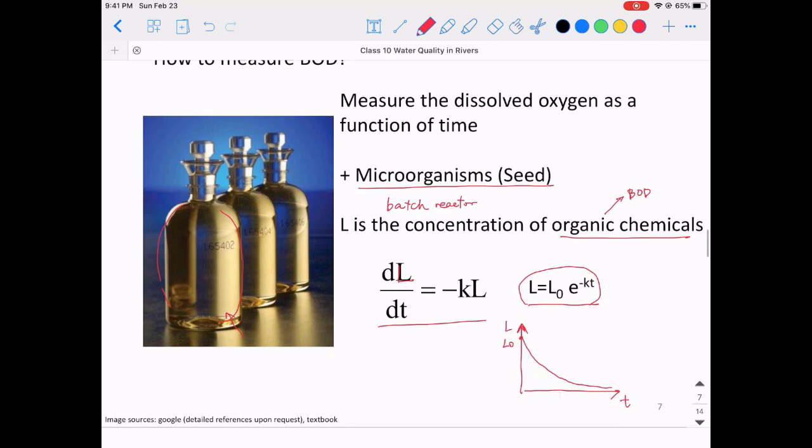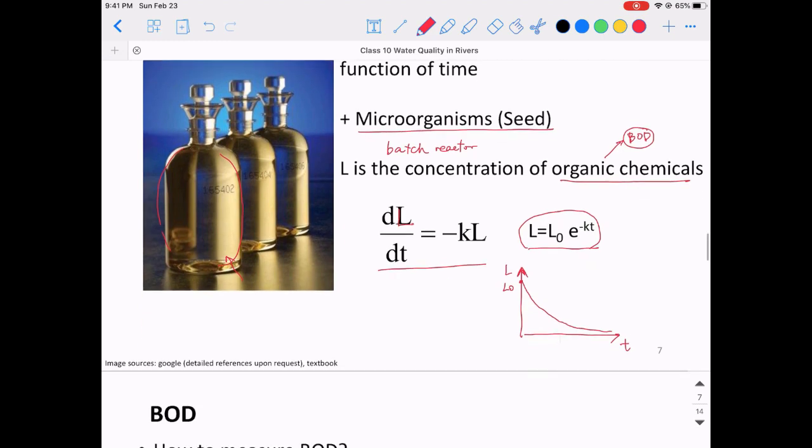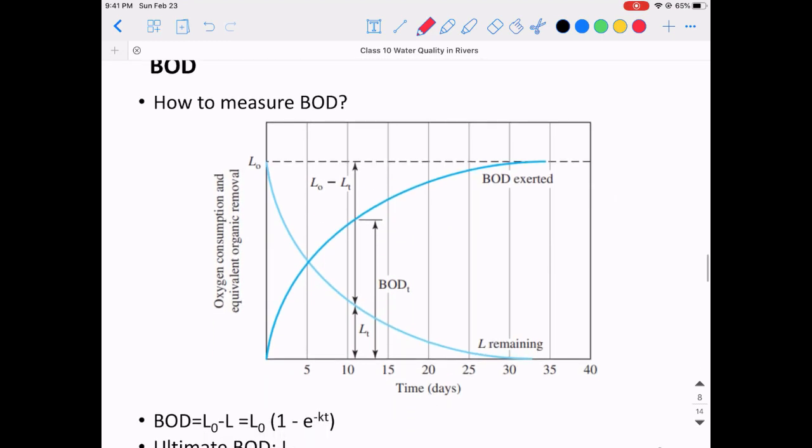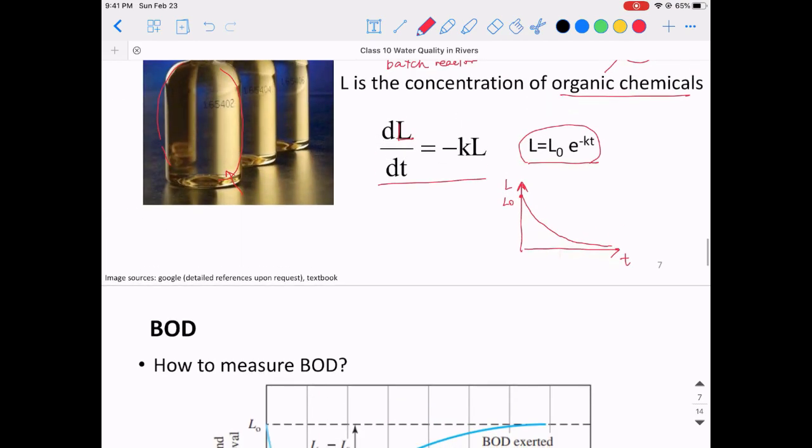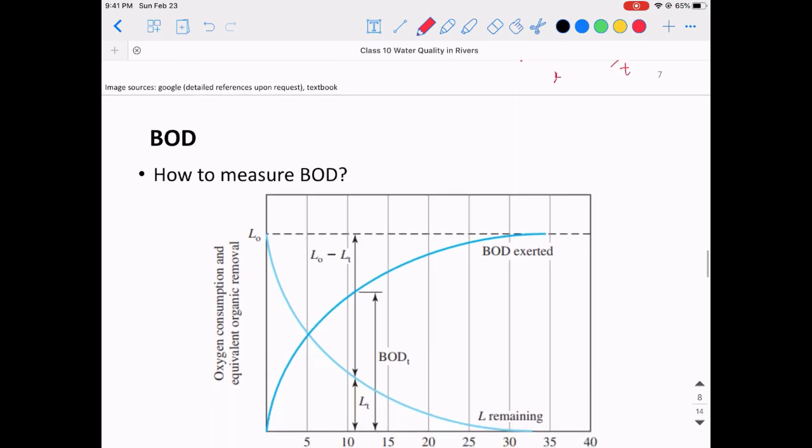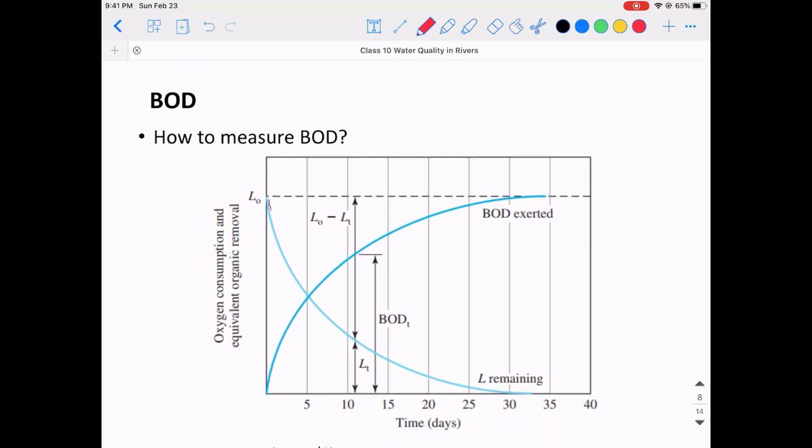So how do we convert that into BOD? The BOD is going to be the reverse of this concentration. Let's say this is another representation of the concentration plot here.